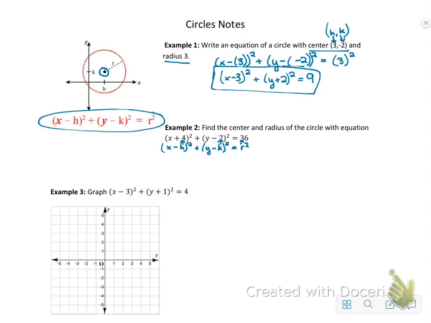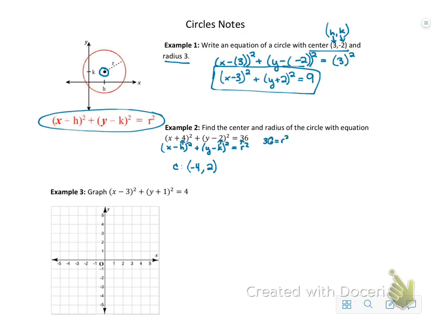But inside, the 4 and the 2 are inside, and inside you always do the inverse, which means that our h is actually not +4, it's -4, comma, and instead of -2, it's +2. Then, to get our r, 36 is equal to r squared.